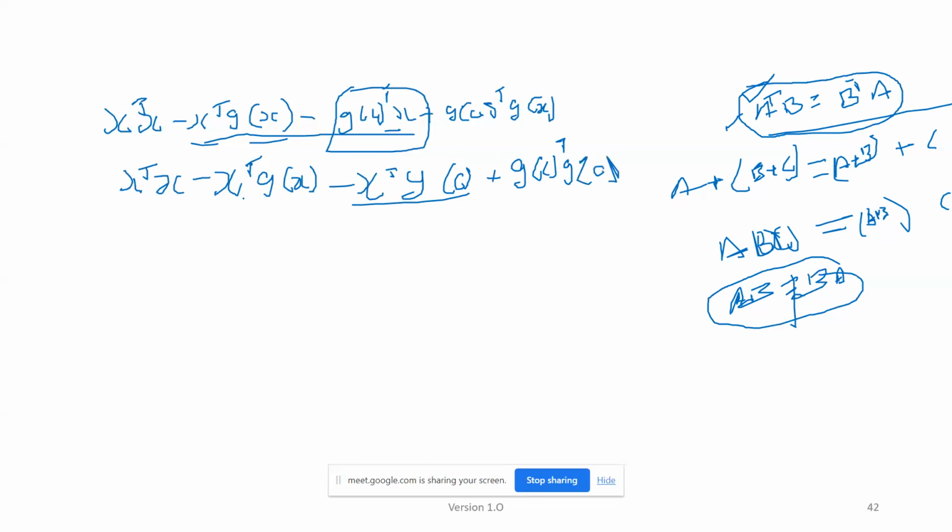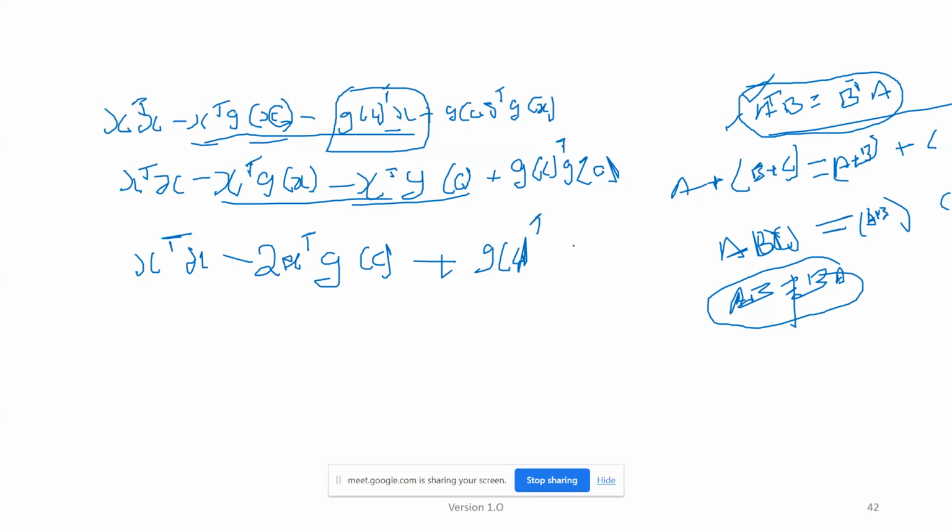So now we'll consider these two things are same, minus 2x transpose of G of C. Okay, all these things are G of C only, not X. We have this term as it is, X transpose X. Last term as it is, GC transpose G of C. If I had a blackboard, I could write very clearly. Okay, so this is what we got.